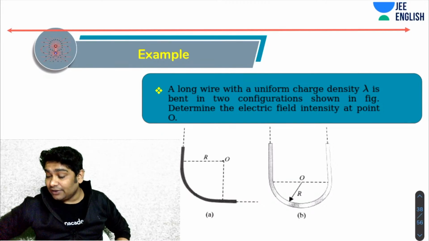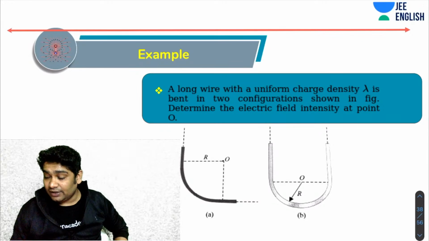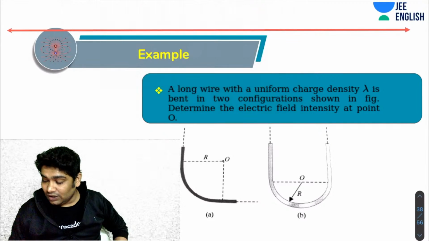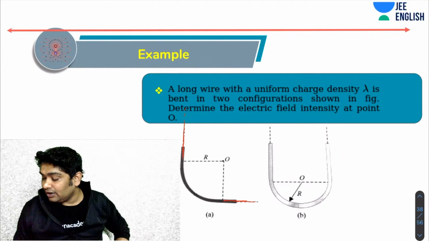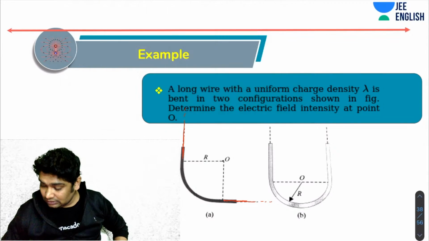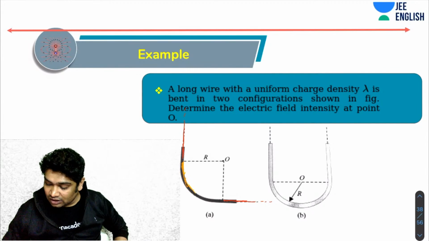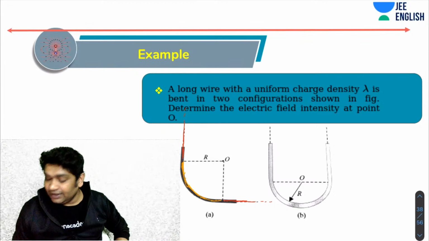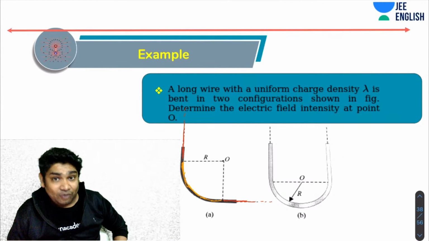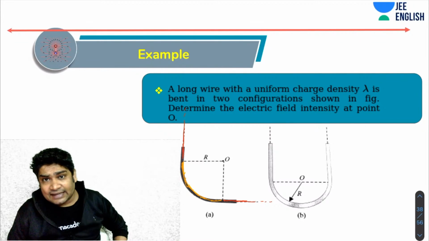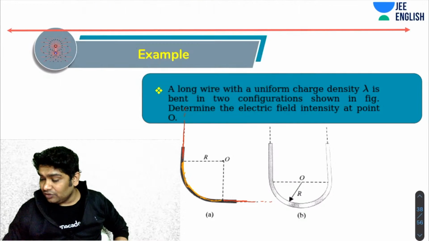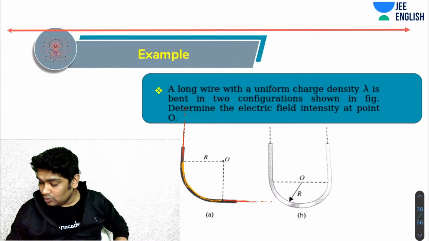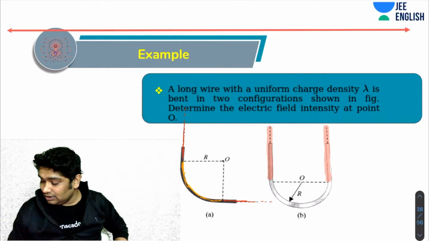So, the hint is that you can break this into three parts: one infinite rod here, one infinite rod here, and third, a quarter circular arc here. Find the individual E's due to all these, and I told you that E follows the principle of superposition. So find the individual E's and then vectorially add them. Same thing here, you will break this into three parts. One this, one this, one this.